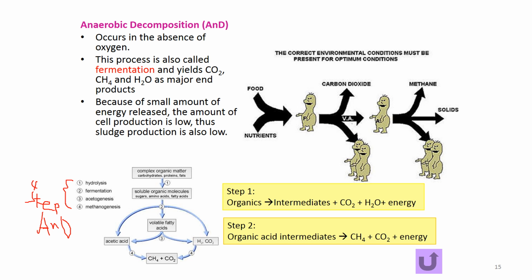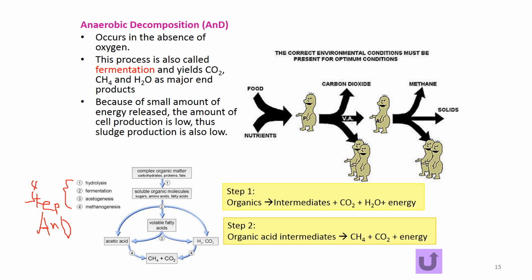So from the complex organic matter, which is the high strength wastewater, dalam this complex organic matter kita ada carbohydrate, protein or fat. So it will go to the hydrolysis process and form soluble organic molecules, which is dia akan kecilkan lagi daripada carbohydrate, protein dan fat, kecilkan lagi menjadi sugar, amino acid and fatty acid.